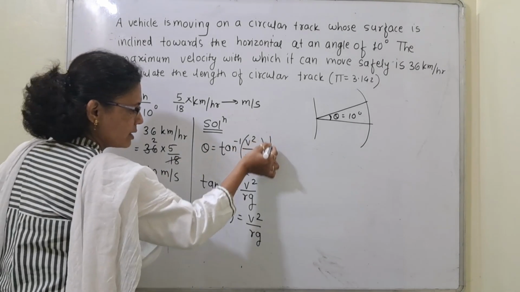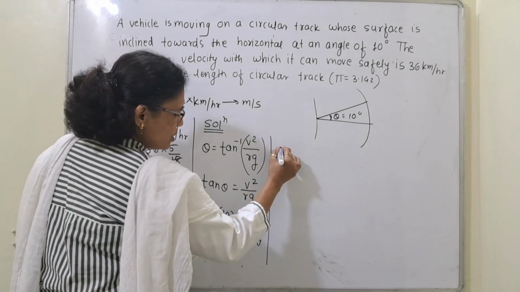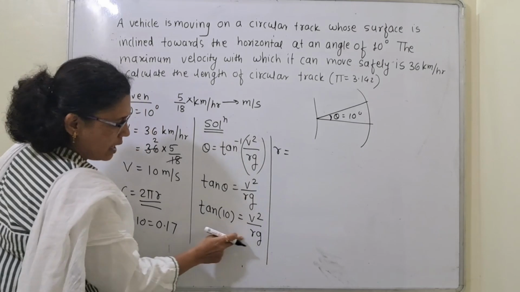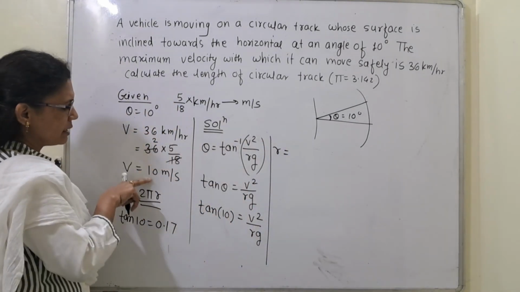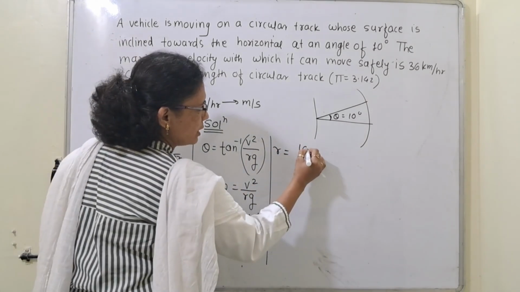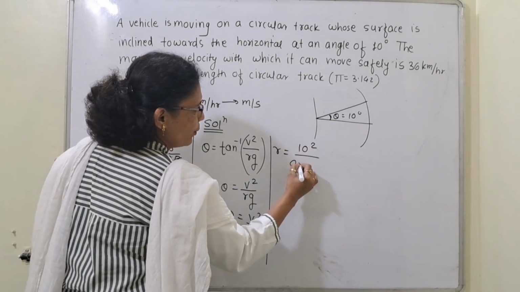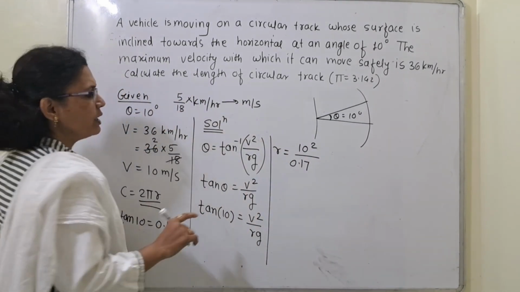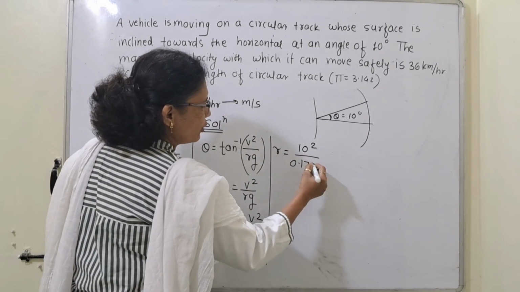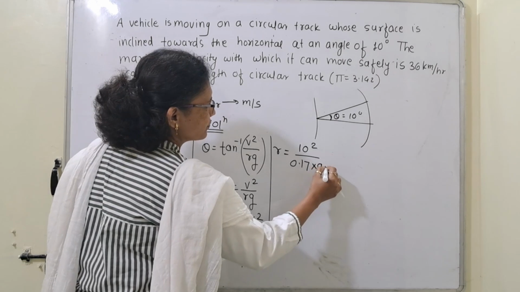Let's put this value in the equation. So r is equal to v square divided by tan theta into g. What is v? V is 10 meter per second. So 10 square divided by 0.17 into g. G will be 9.8, or you can take it as 10 also.